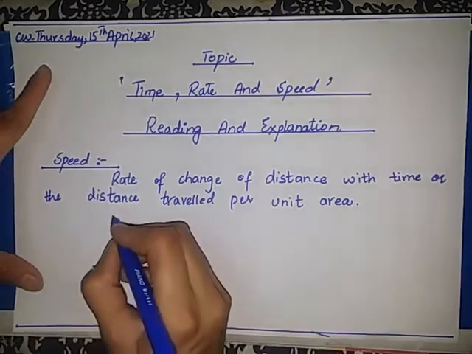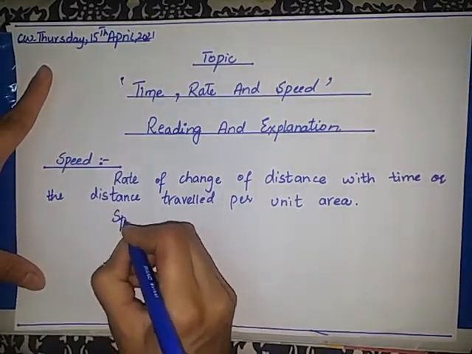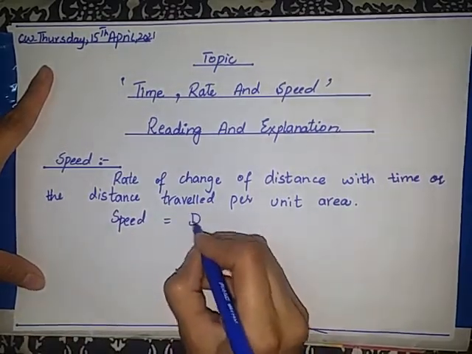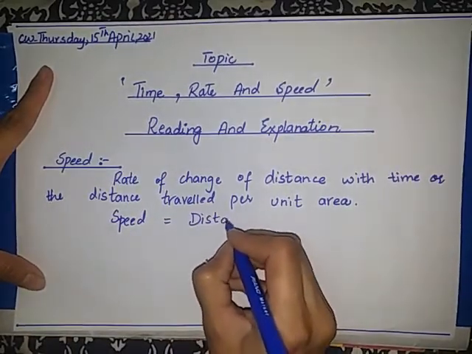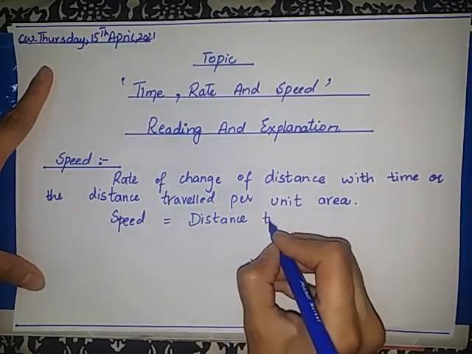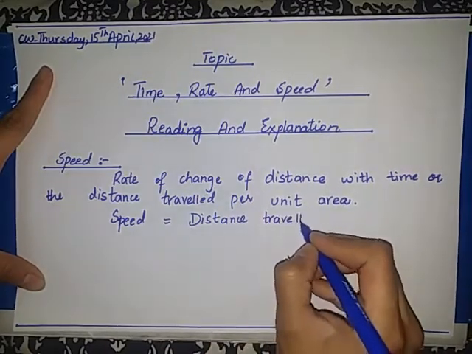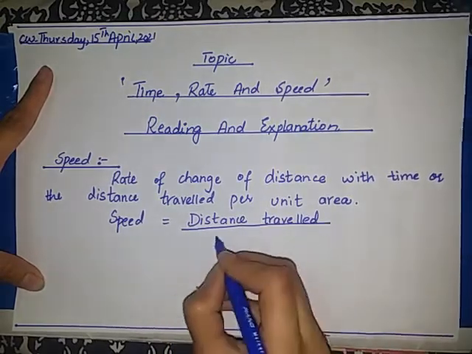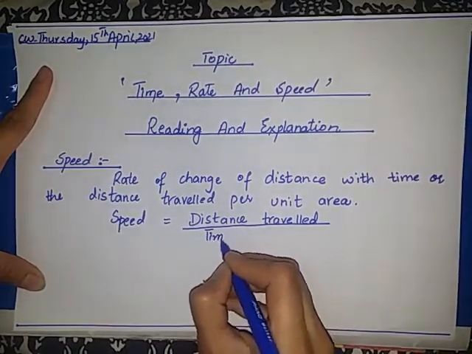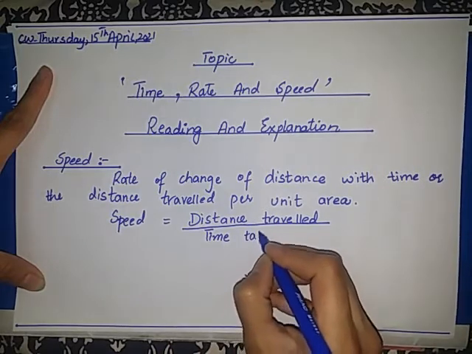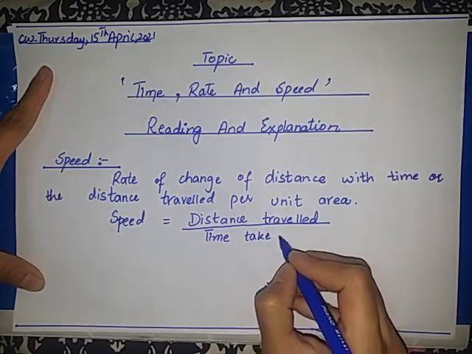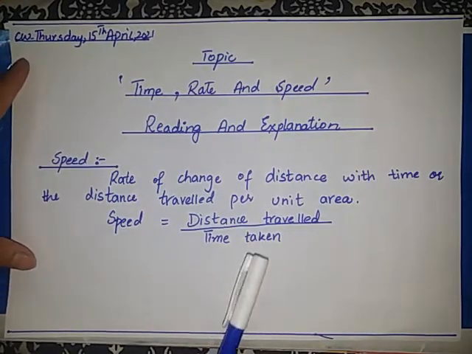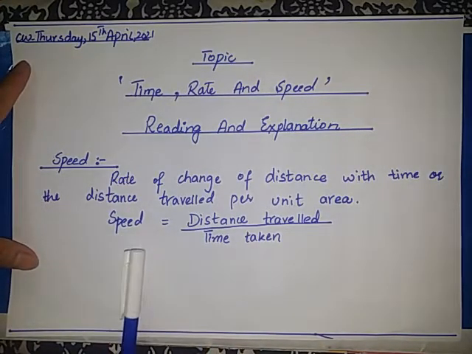Now we will write the formula of speed: speed is equal to distance traveled, that is how much distance is traveled while moving from one point to another, divided by time taken, that is how much time is required for movement of that particle from one point to another. So this ratio will be equal to the speed.